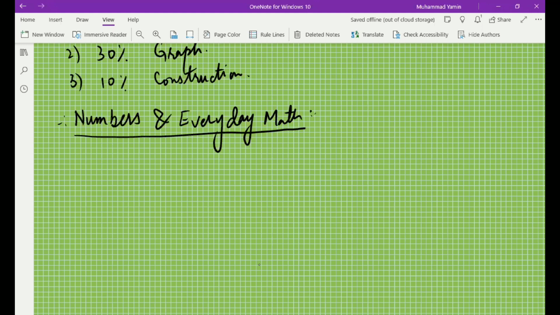So I have taken right now the topic Numbers and Everyday Maths. Why did I say that it is a very important topic and take it as the first topic? Because in every calculation of mathematics, there are numbers and everyday mathematical calculations involved.